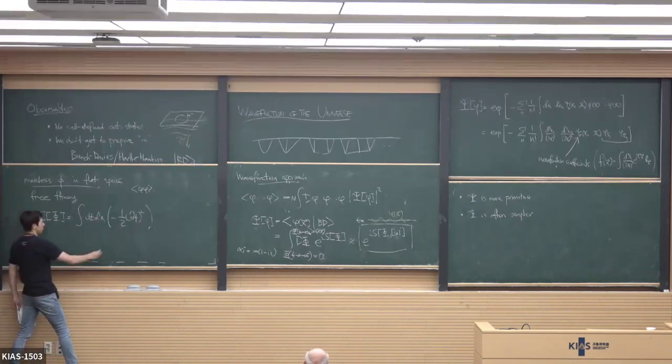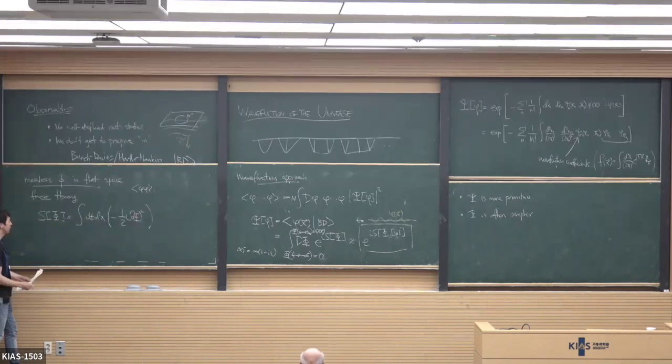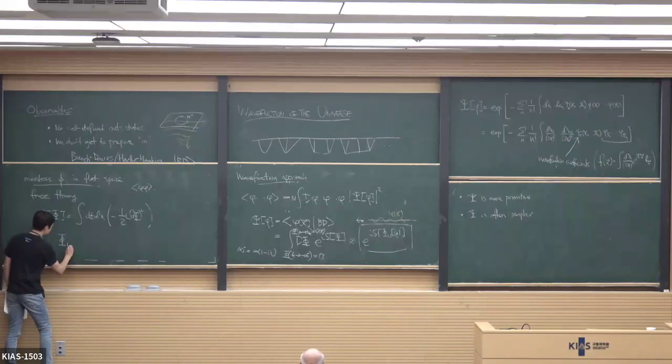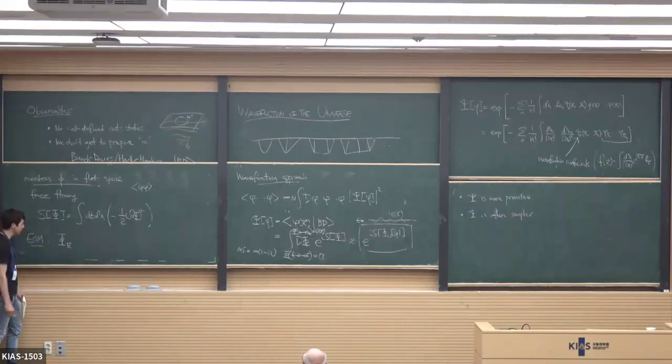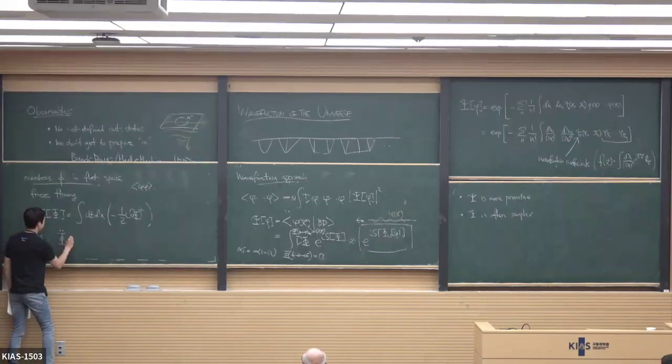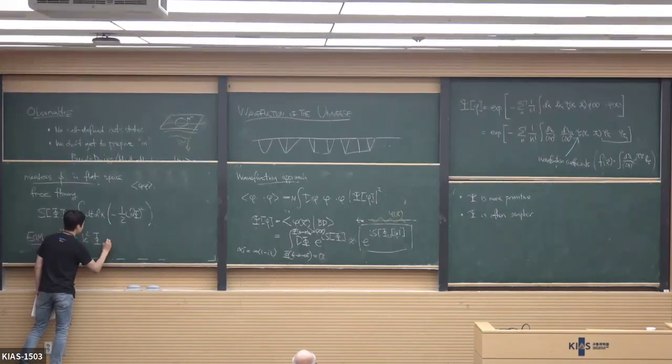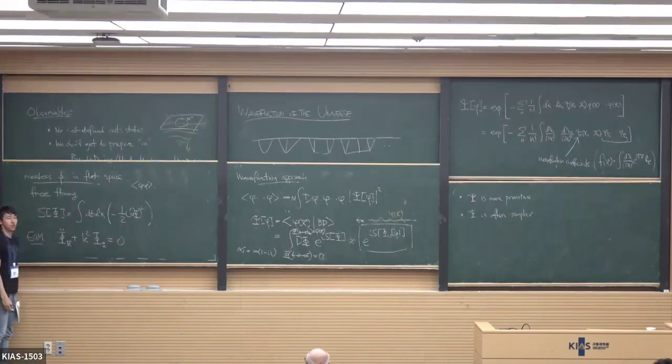Now what we want to do is to solve the equation of motion for this phi field. We want to solve it in Fourier space. And in Fourier space, the equation just becomes the usual simple harmonic oscillator.